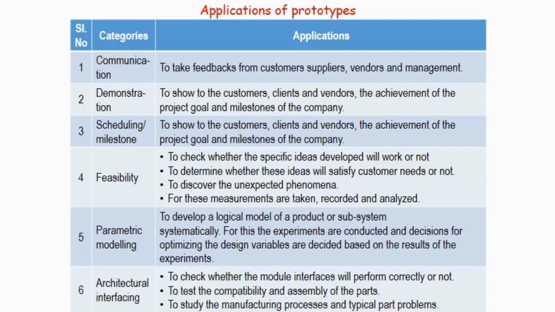In case of architectural interfacing, we can check whether the module interface will perfectly match our requirement or not, whether that particular assembly will fit into our expectations. The manufacturing process all can be made simpler.